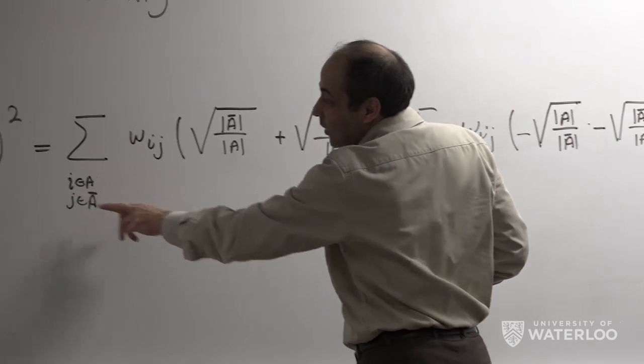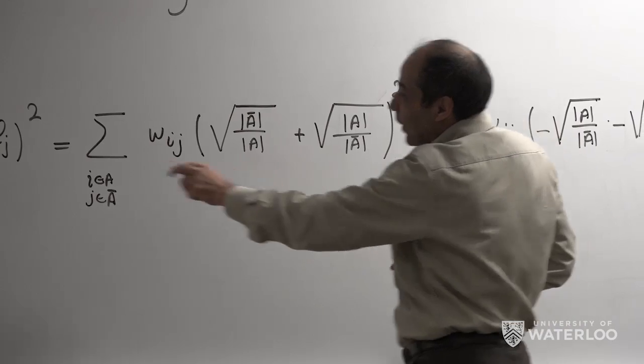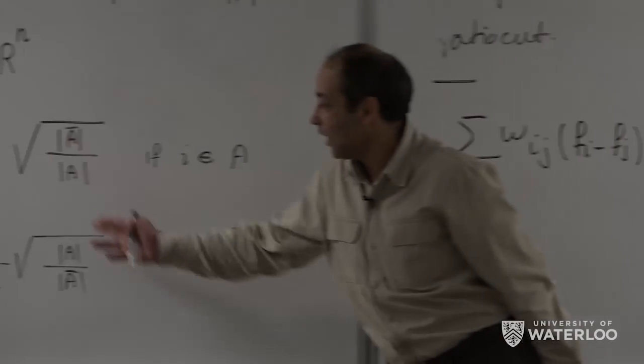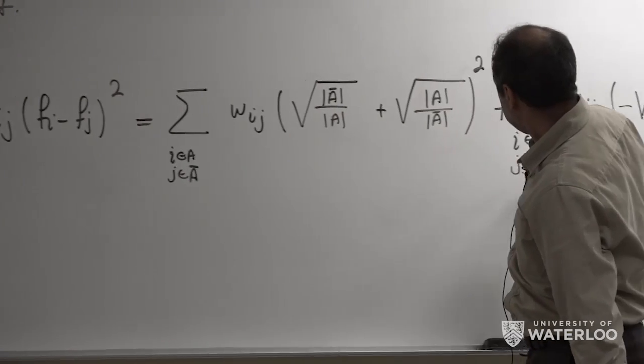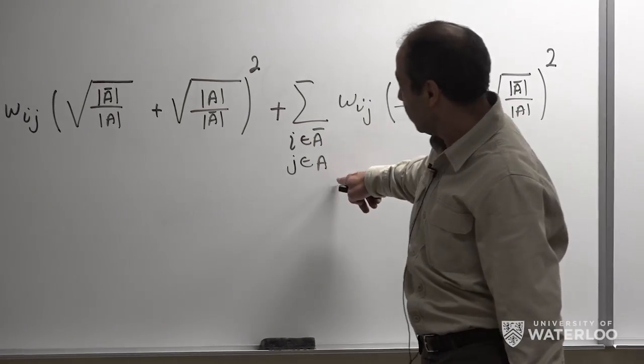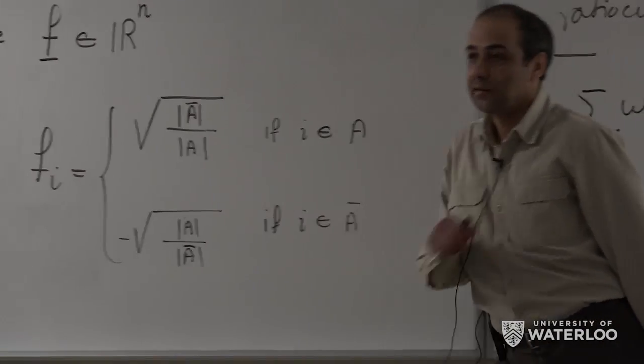In the case that i is from A and j from A bar, then f_i has this value, f_j has this value. In the other case, that i comes from A bar but j comes from A, then this is i, this is j.